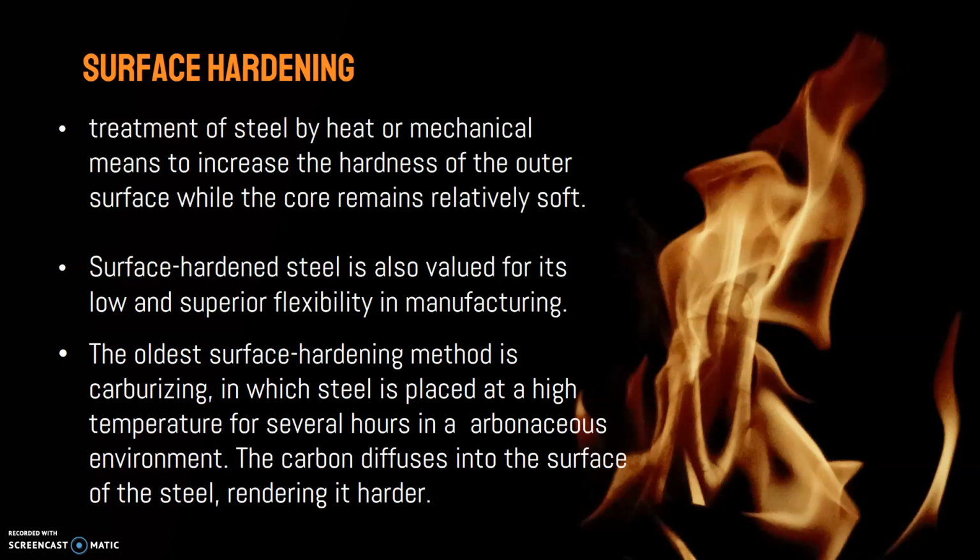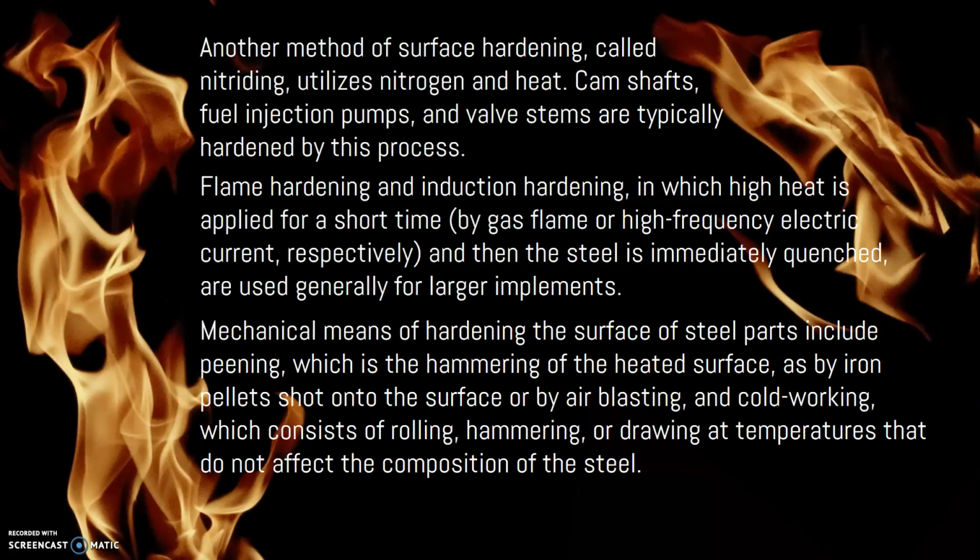The oldest surface hardening method is called carburizing, in which steel is placed at a high temperature for several hours in the absence of an oxidizing environment. The carbon diffuses into the surface of the steel and renders it harder. Another method of surface hardening is called nitriding, where you apply nitrogen and heat. Camshafts for fuel injector pumps are hardened the same way. Valve stems are typically hardened by this process as well.